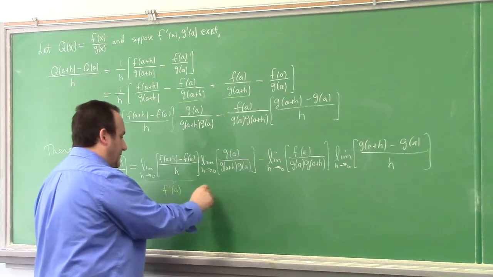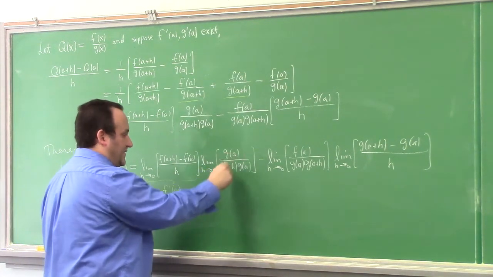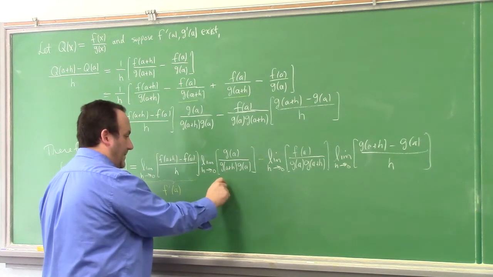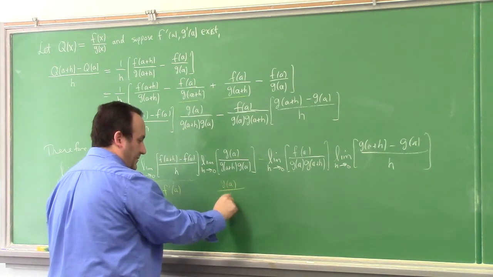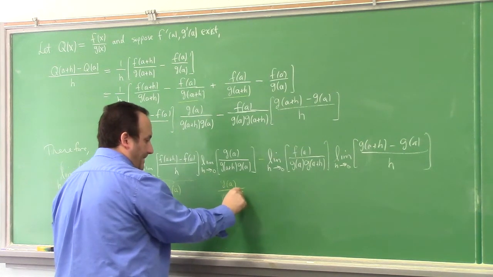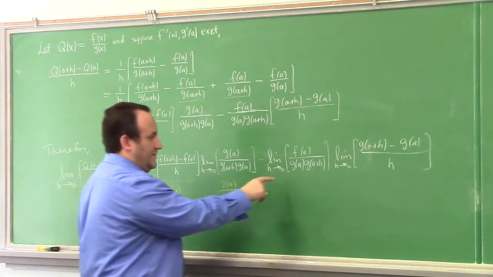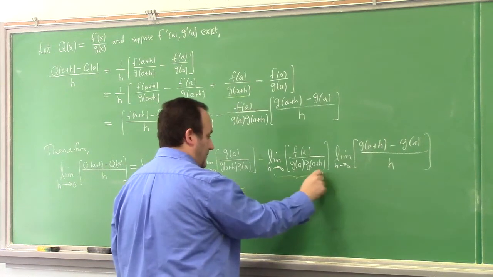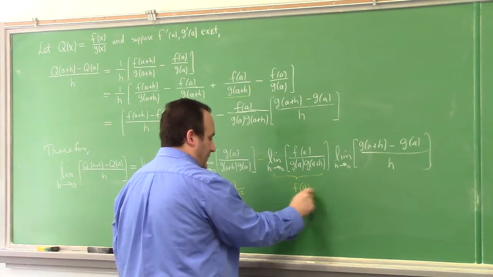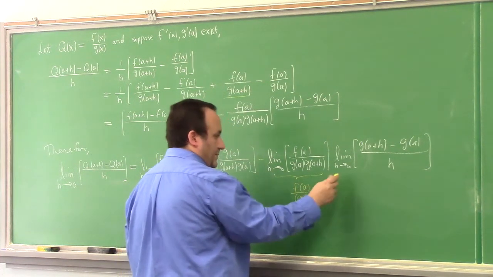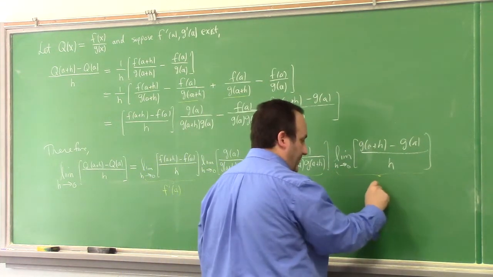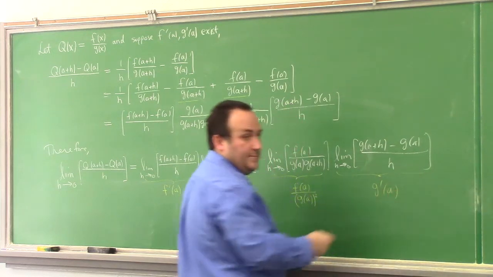This one here goes to g of a over g of a squared. This term here goes to f of a over g of a squared, and this is g prime. And that's the quotient rule.